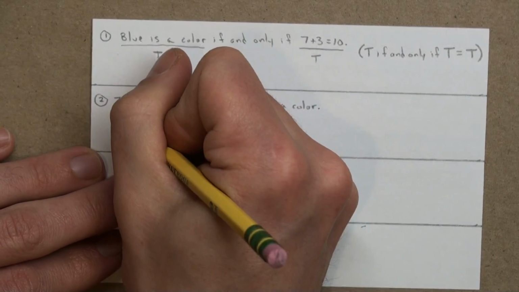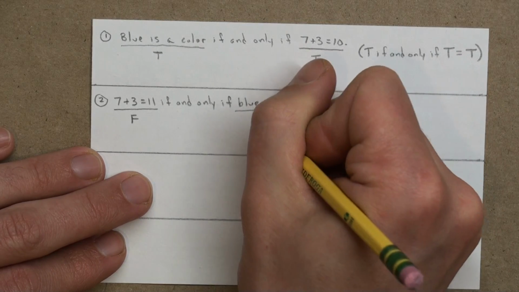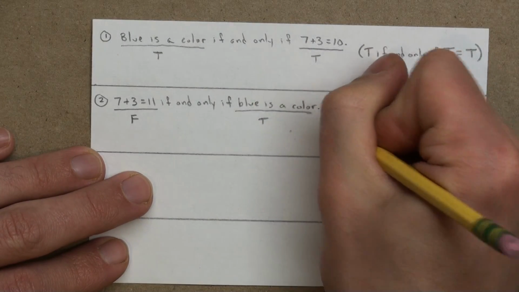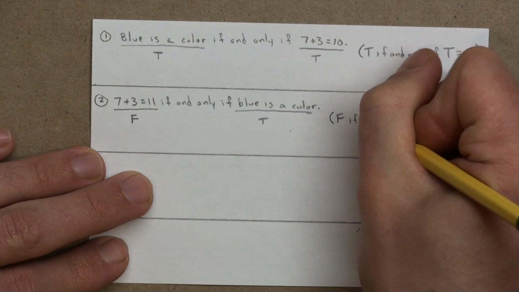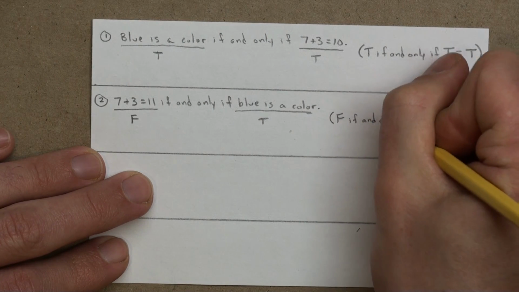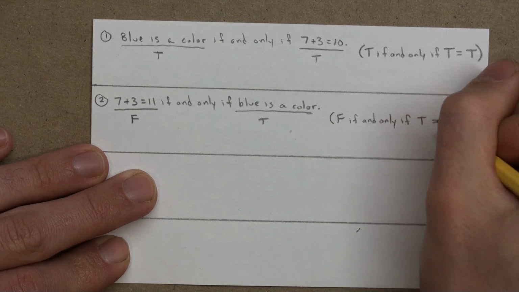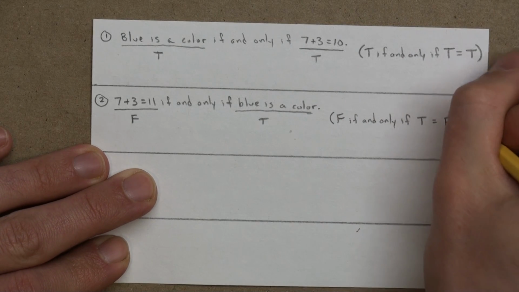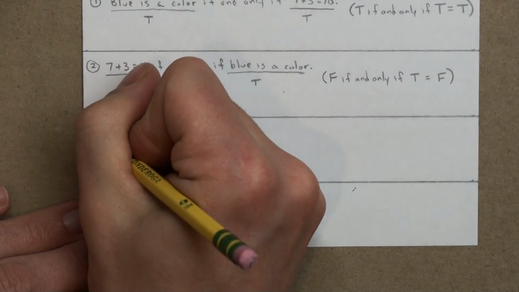So the first part is false and the second part is true. So if we have F if and only if T, well then since they're both different, this is false, because for a biconditional they have to be the same for it to be true.